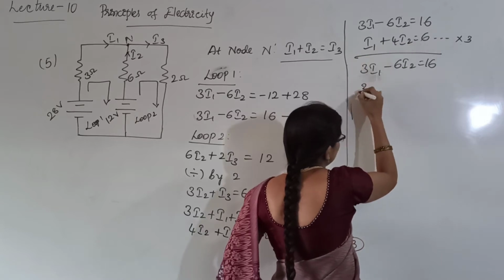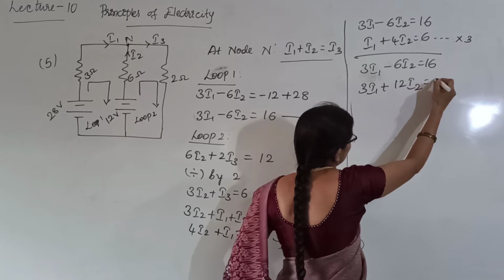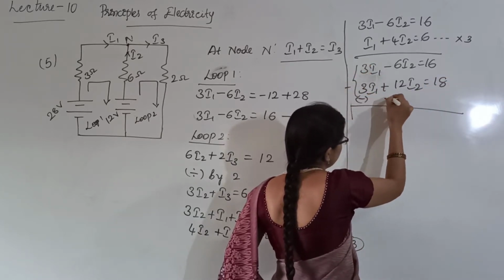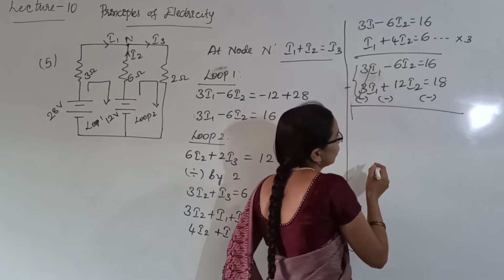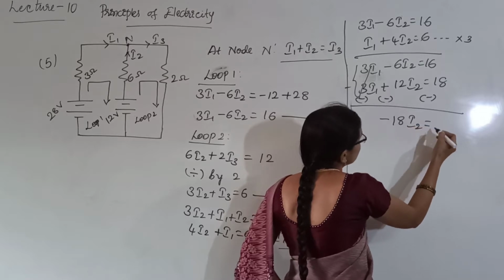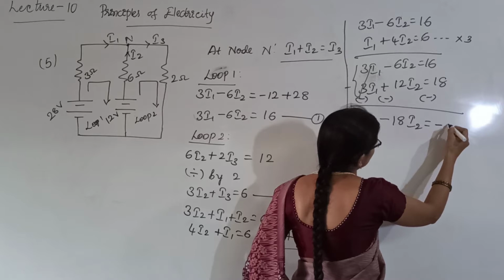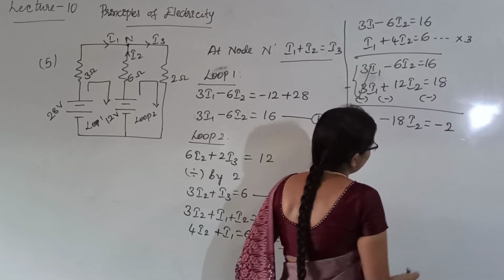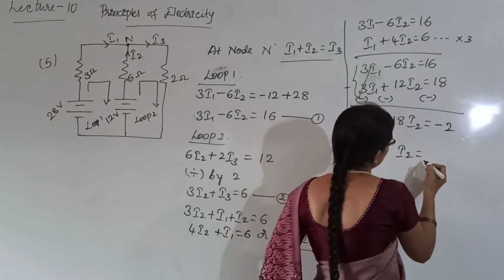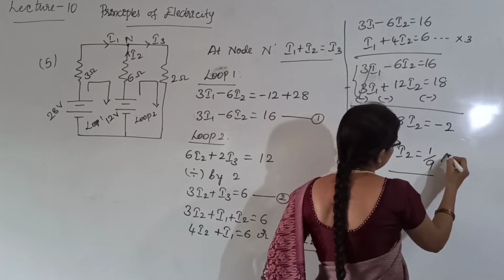The second equation, 3I1 plus 12I2 is equal to 18. I will subtract this, signs will be changed. So, that will be minus 18I2 is equal to minus 2 it will be. So, I2 is equal to 1 by 9 amperes.